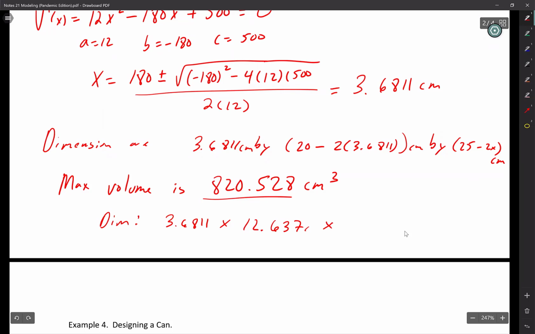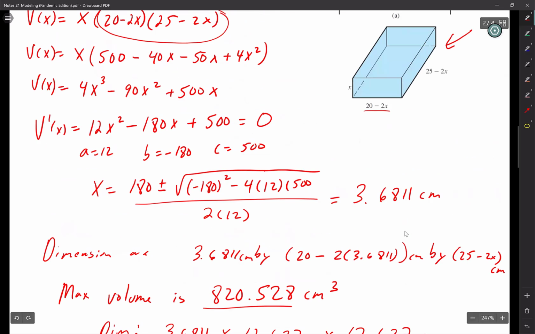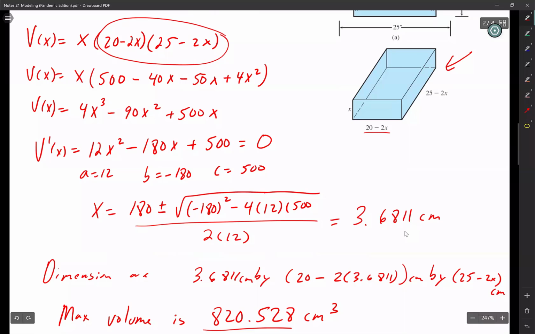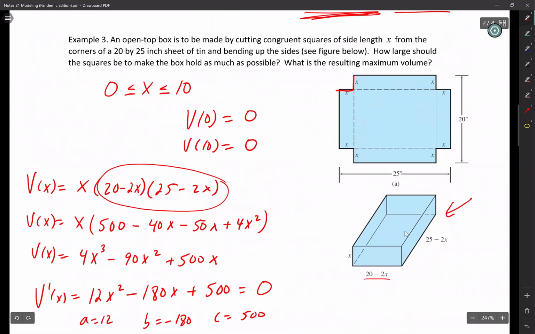By 17.637 centimeters. There it is, guys. Oh, the squares, these cuts, they're 3.6811 squared.